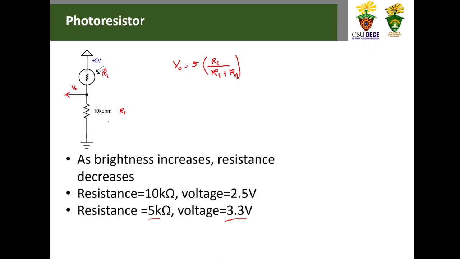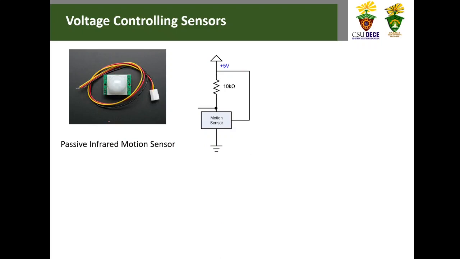Now let us see how voltage controlling sensors would be used in our microcontroller applications. Another type of sensor other than the resistive sensor that I have shown you is the voltage controlling sensor. The difference is that with resistive sensors, the resistance of the device changes depending on how the environment changes.